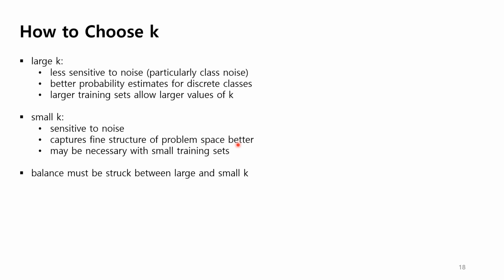If you're interested in the exact shape of the problem space, then a small k gives a clearer idea of the fine shape of your problem space. That's the advantage of small k. And if your training data is small, you definitely need to choose a small number of neighbors. So a balance must be struck between large K and small k.